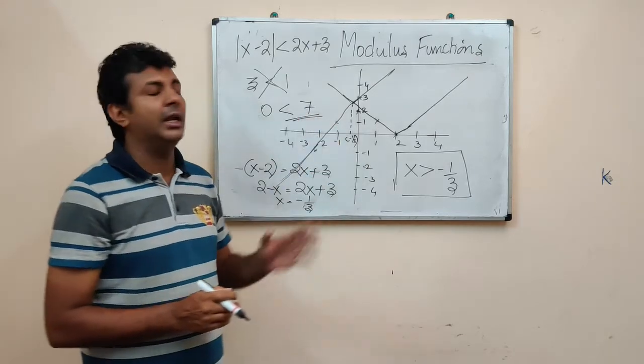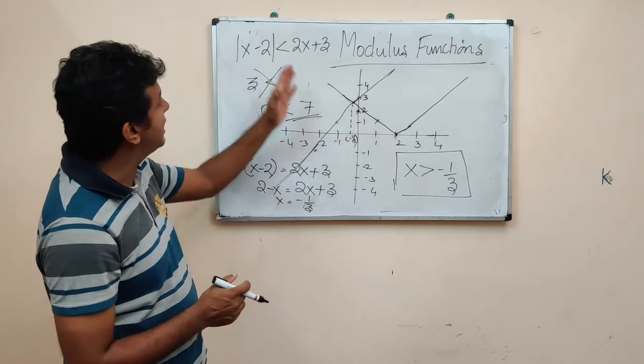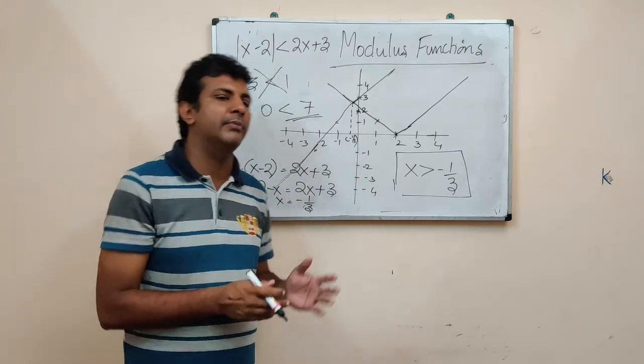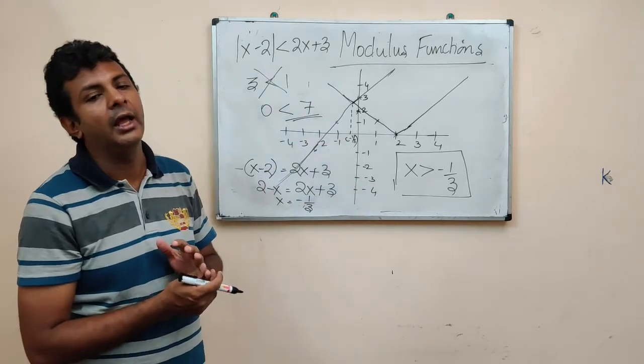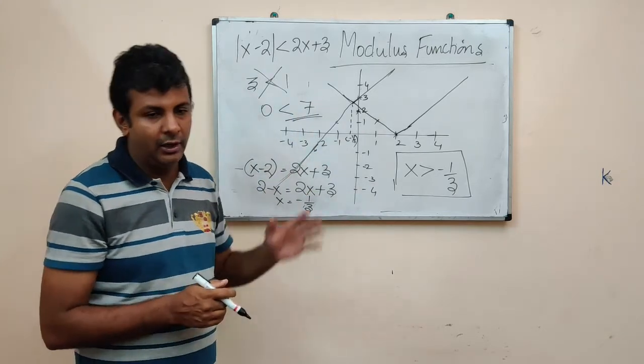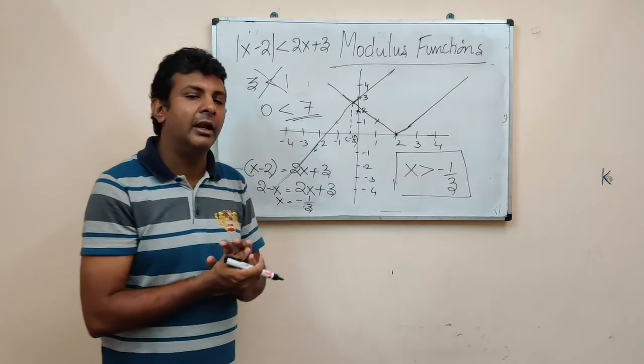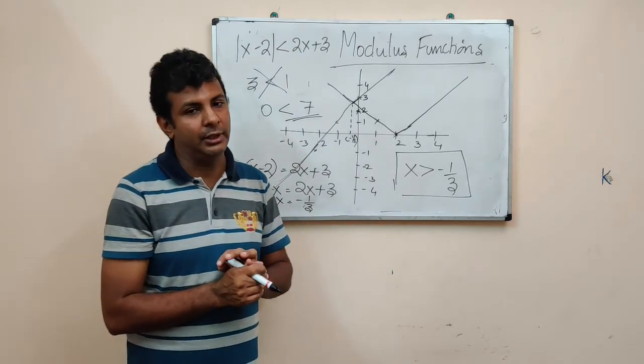Now whenever it comes to modulus functions and inequalities including modulus functions, it is always better to consult an xy graph, plot the inequalities and then try to arrive at a solution.